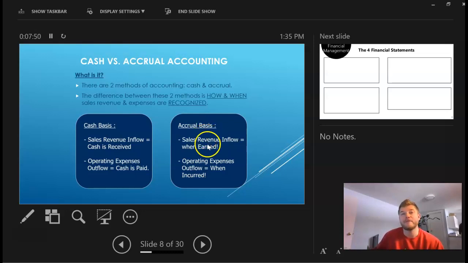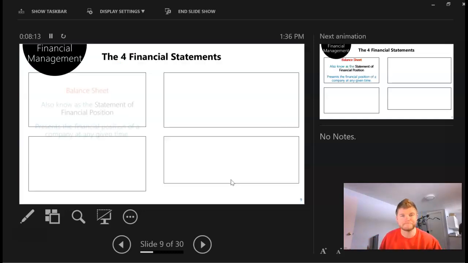Or I'm saying, okay, it's 4 months and I'm taking $125 at the end of every month, which would equal $500 over time. So only when I earn it, and same thing with operating expenses, when they are incurred. So when we get the bill, that is when we record it, not when we pay it, because you can kind of fudge your numbers and it's not as accurate.